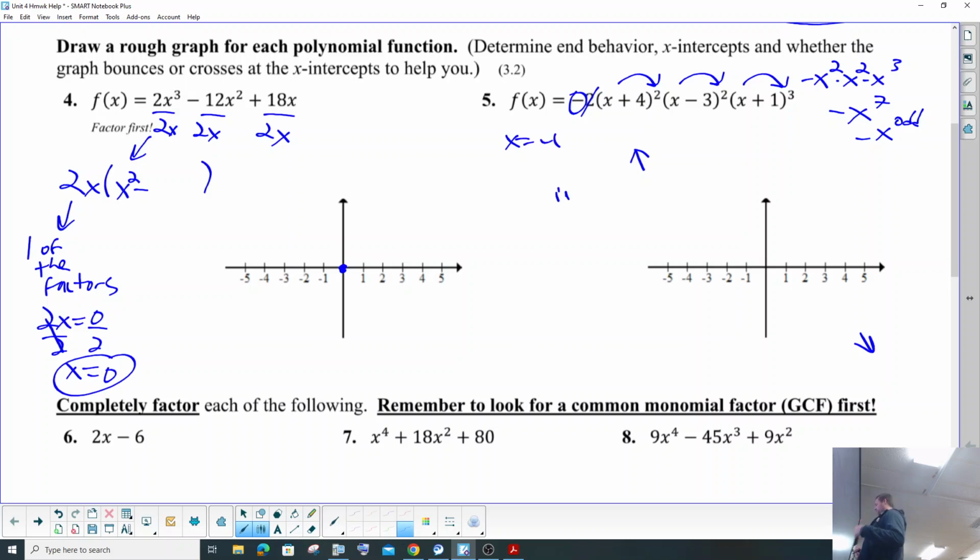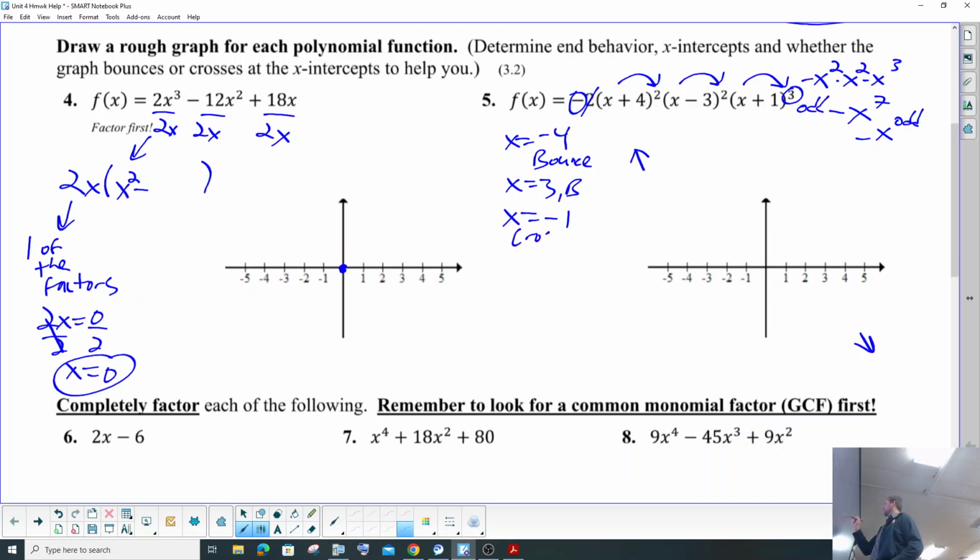Try it on your own first. Why is my eraser broken? There we go. Okay, so we get a negative 4, and we're going to go ahead and B for bounce. x equals 3 is also B for bounce. And x equals negative 1 is going to be odd. And what does odd mean?